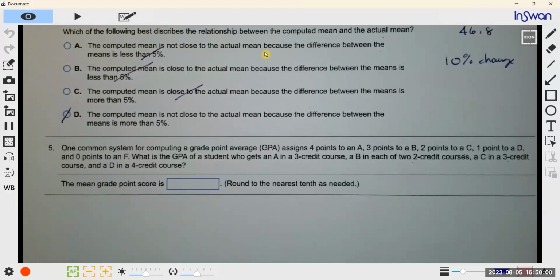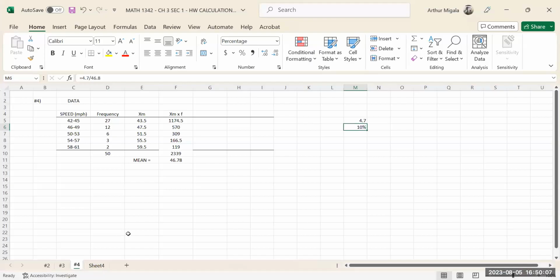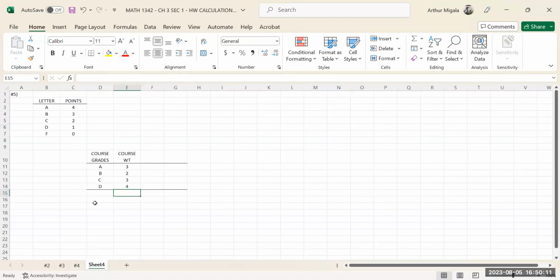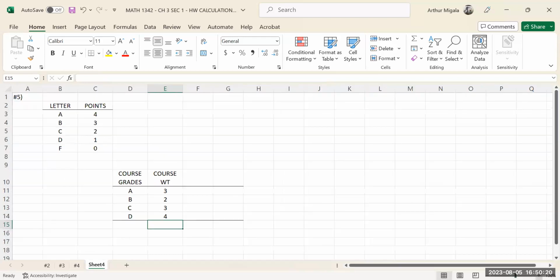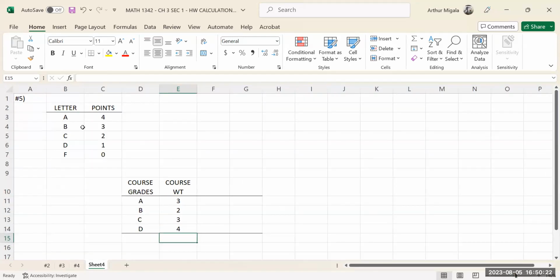So let's go back and look at this calculation. So like I said, for A, you get 4 points. For B, let me make it a little bigger here. A, you get 4 points, B is 3, C is 2, and D is 1.